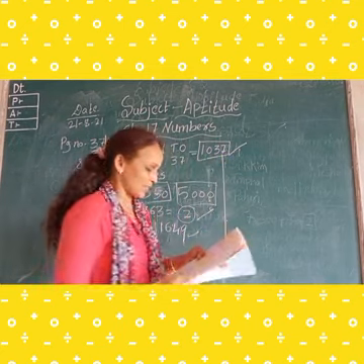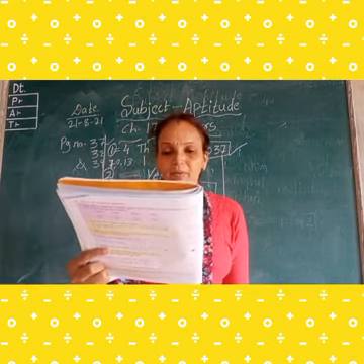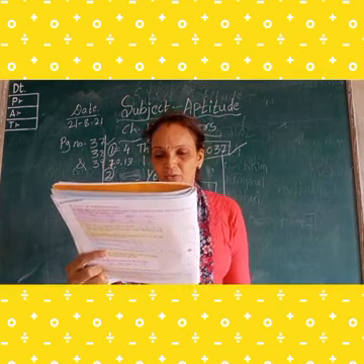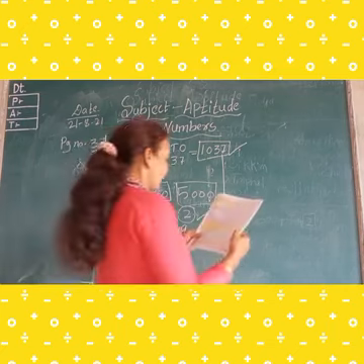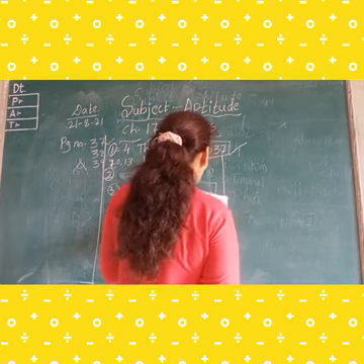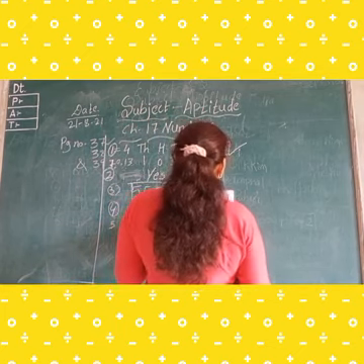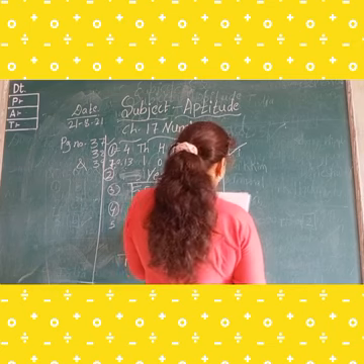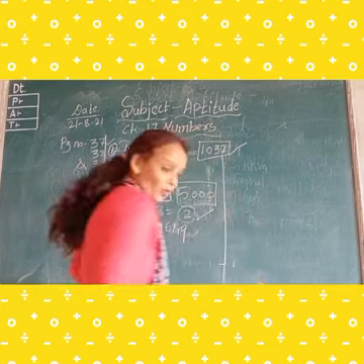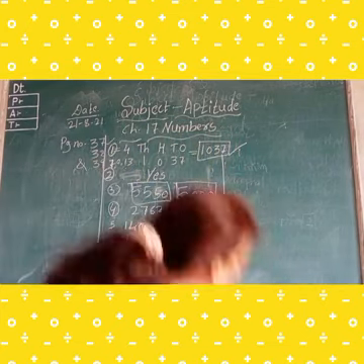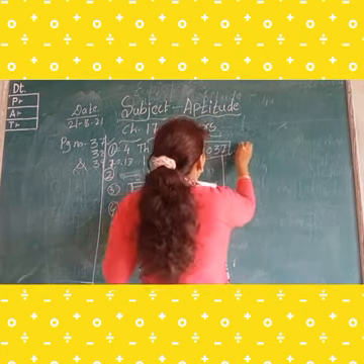Now come to number 6. Find the difference between the smallest and the greatest 4-digit number formed by the given digits. First we make the 4-digit numbers using the given digits.